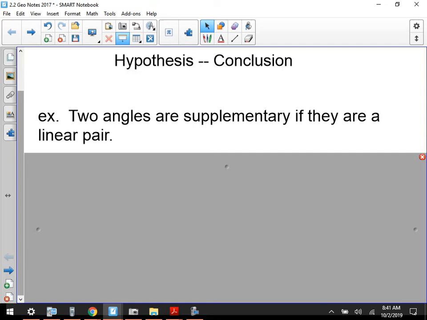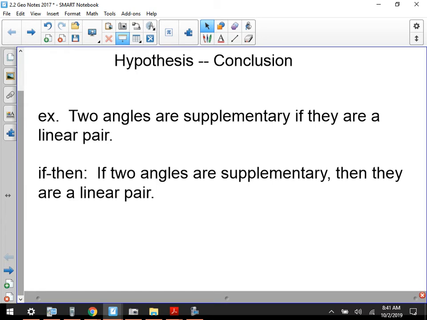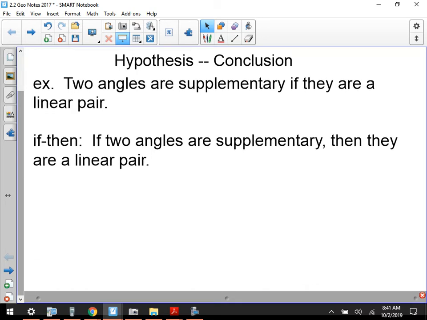And then the conclusion? The idea here is, can you identify which part's which? If you switch this into what we call an if-then statement, that'll help to identify your hypothesis and conclusion.